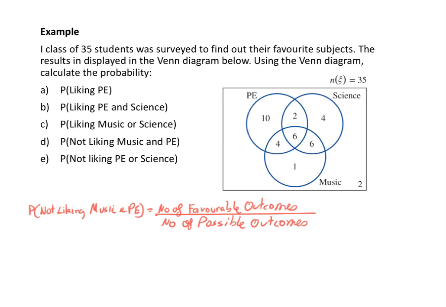So these students are going to be found in the intersection of the music and PE sets. So these students in here are the ones that like PE and music. So all of the other responses within the Venn diagram are going to be the students that do not like music and PE.